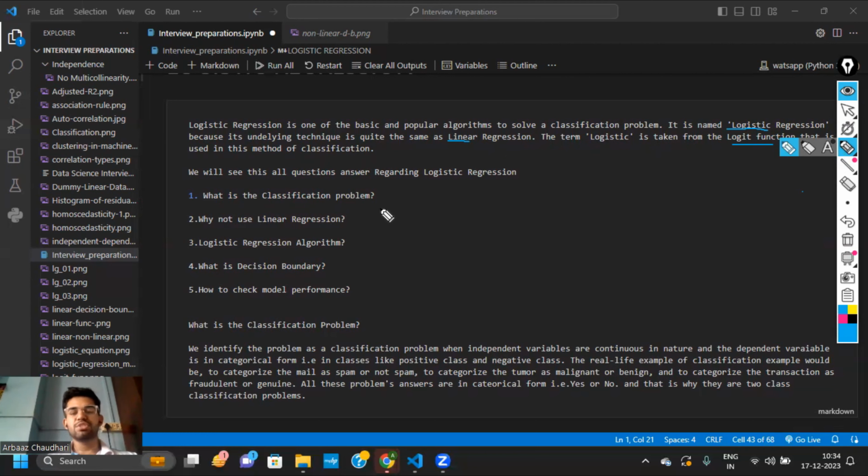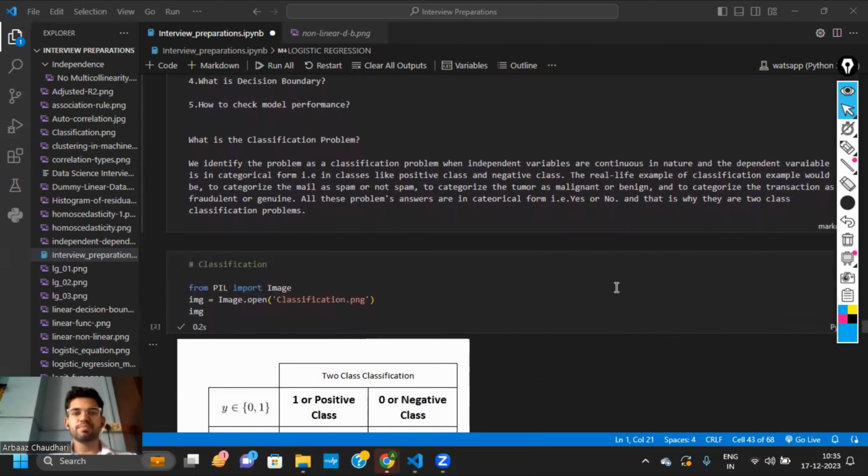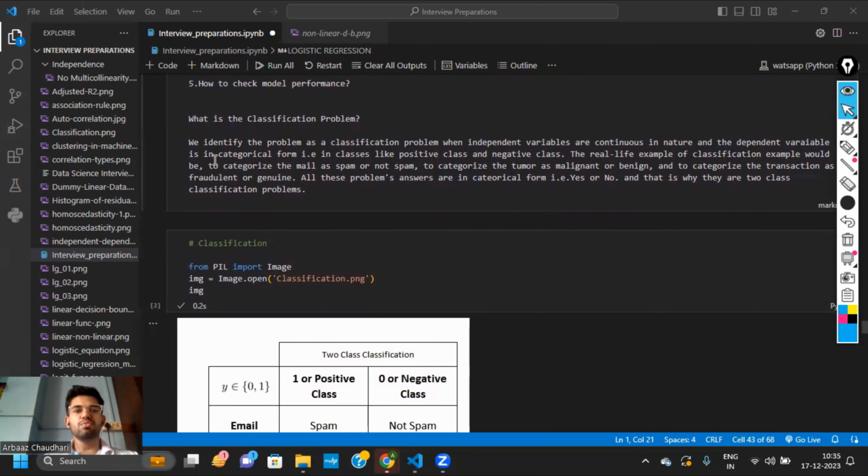Okay, so let's move on to what a classification problem is. We identify the problem as a classification problem when the independent variables are continuous in nature.